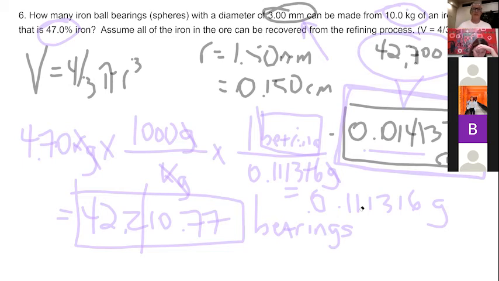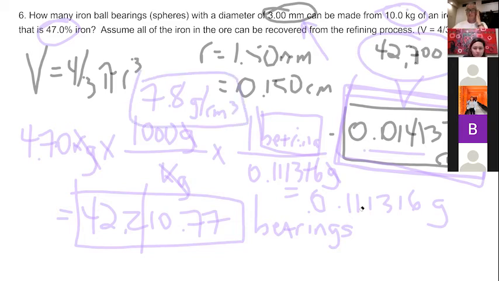I sort of erased that a little while ago, but we just multiplied this volume by the density, and then turned it into grams. So the volume in centimeters cubed became grams. I think the density was around 7.8 grams per centimeter cubed.